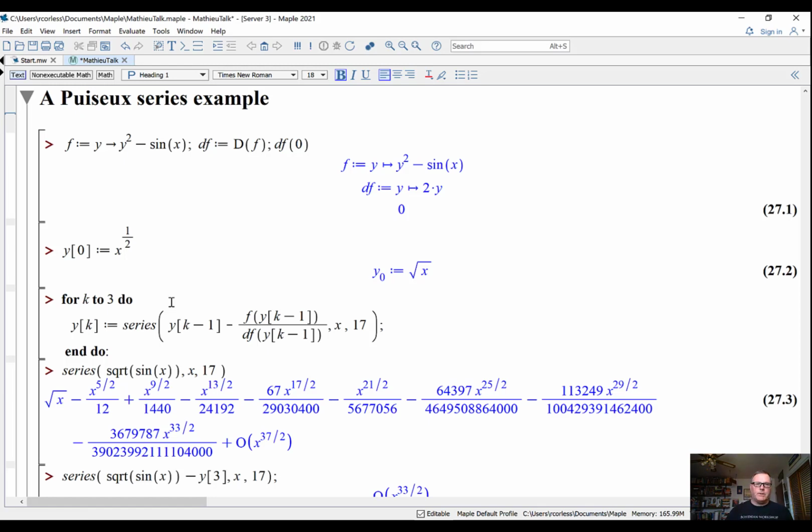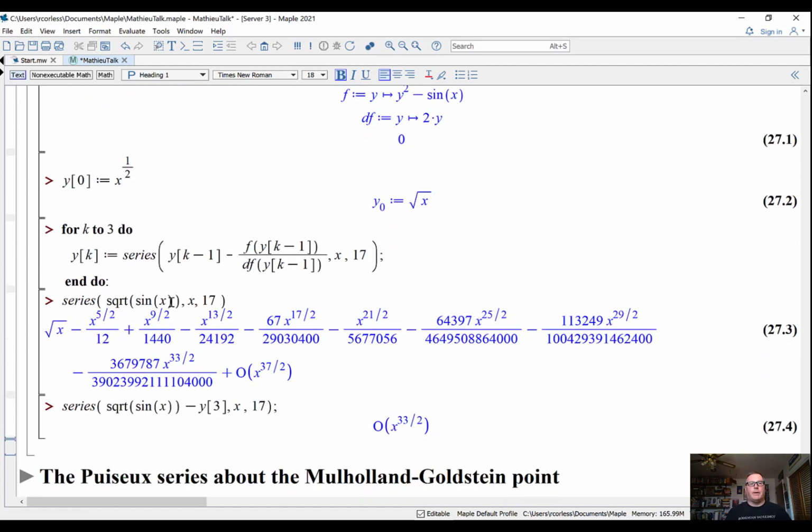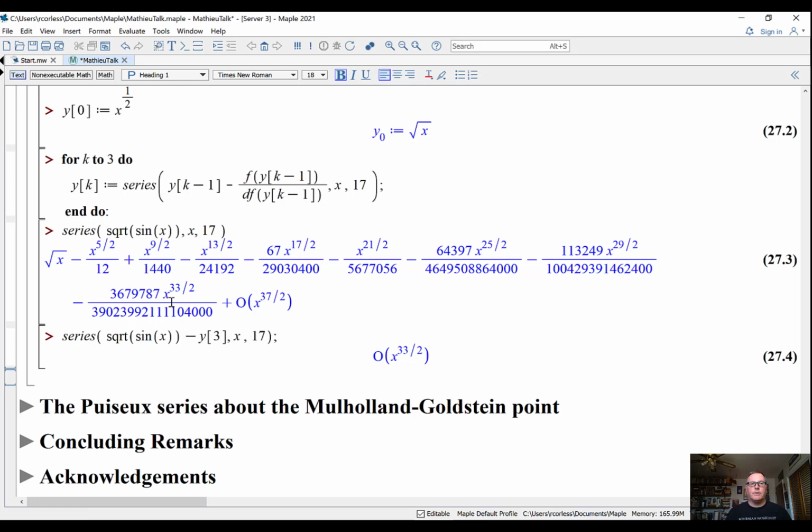We do 3 iterations with that in the power series, and we compare those 3 iterations with the built-in series, and we see that we're correct up to order x to the 33 over 2. So it's a little bit more than order x to the 16. And that was pretty good with 3 iterations of Newton's method, starting with 2 terms correct.